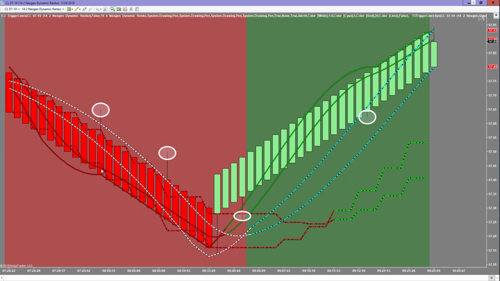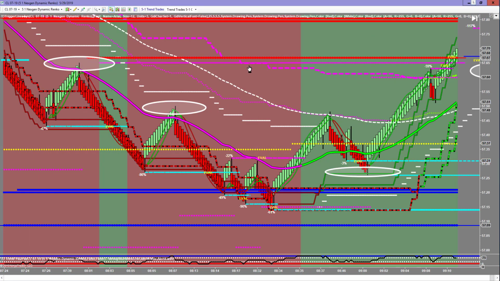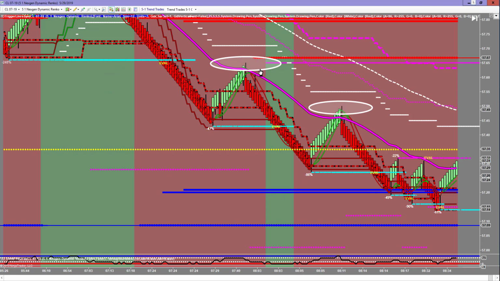Smalls down and below, smalls down, smalls up, breaking above, smalls number 1 look. Everybody okay with that? What these circles will do is they're going to go in on our 5-1 chart, and they're going to automatically draw. That's what we're going to do. We're going to go back and study.